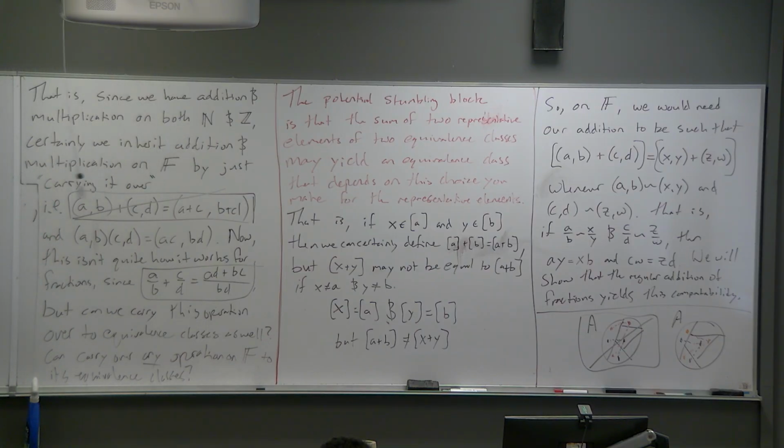What it says is that if I have pairs of things that are equivalent, then I want the sums of things, one from each pair, to be equivalent. So let's write it.